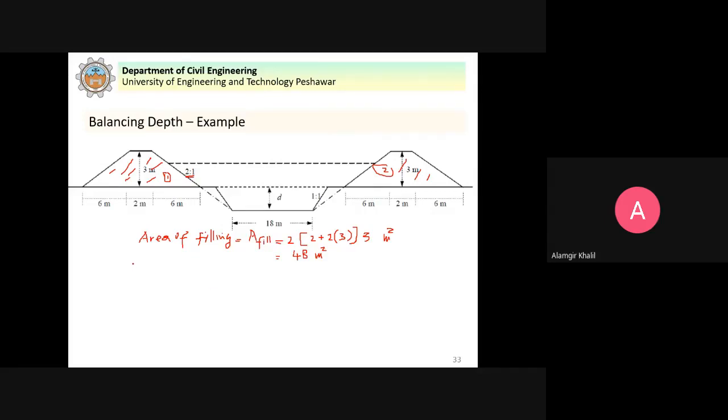Now we equate the areas, equating the areas of cutting and filling. So we have area of cut and equate this to the area of fill.